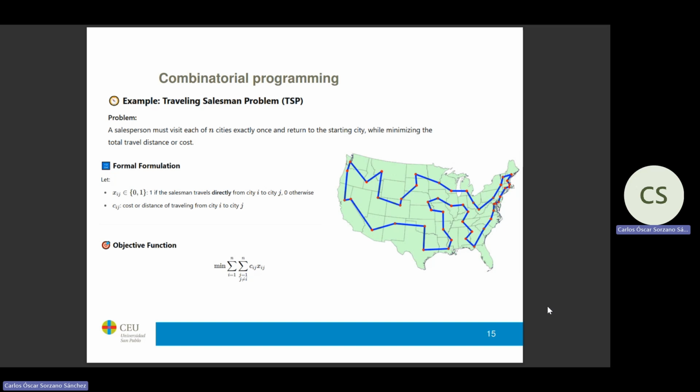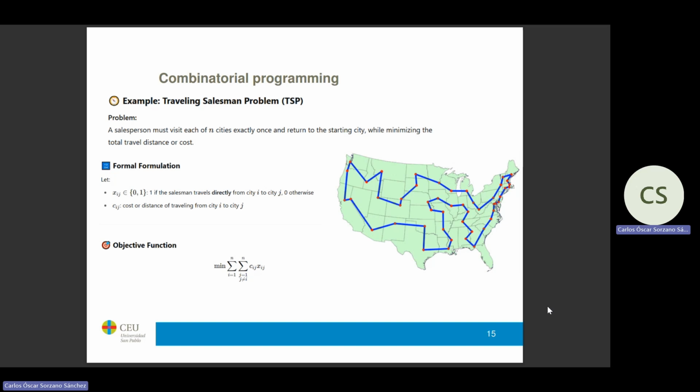One possibility to formulate it is this way. First, we will consider the cost or distance of traveling from city i to city j. Then we will encode xij, which takes value 0 or 1; it takes 1 if you go from i to j directly. Between these two cities xij would be 1, between these two it will be 0.